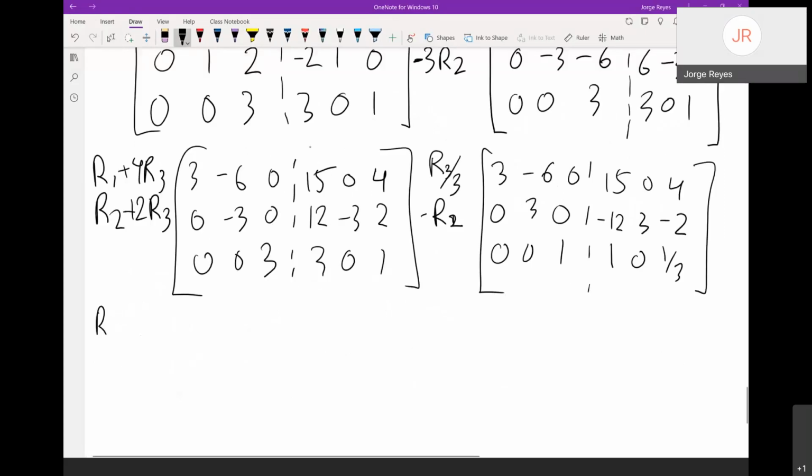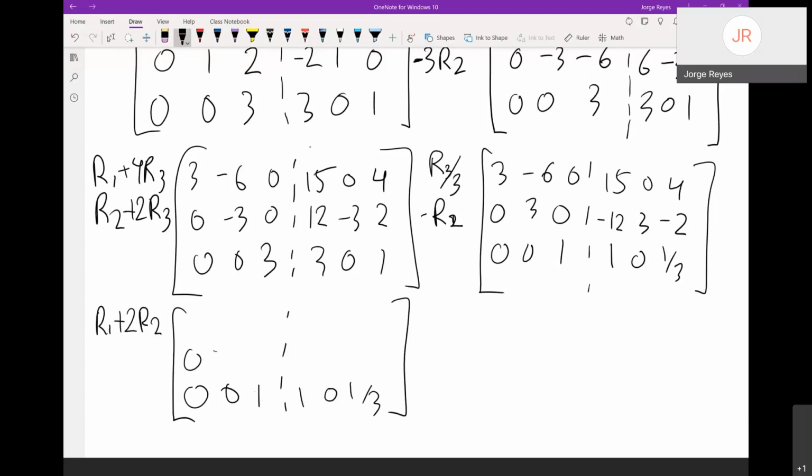What I'm going to do is row 1 plus 2 row 2. And then I'm going to divide row 2 by 3. Well, I can do that later. I have to do another step anyway. All right, so we now have 0, 3, 0, negative 12, 3, negative 2.